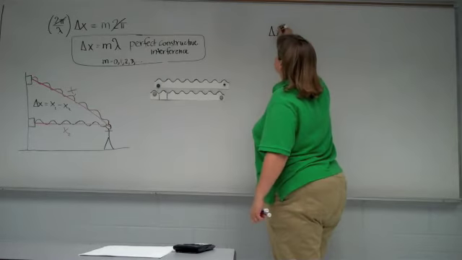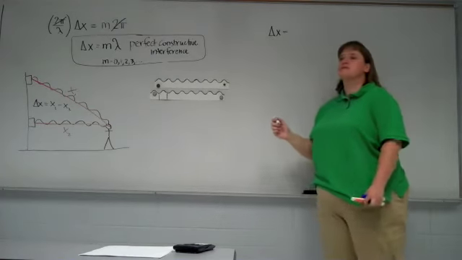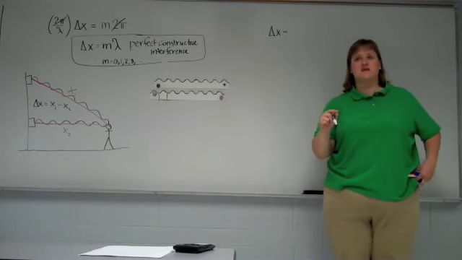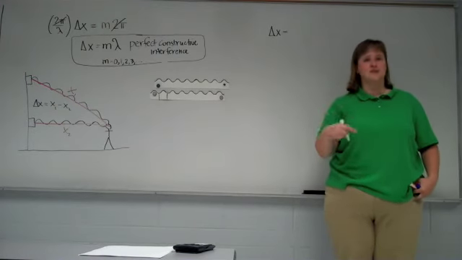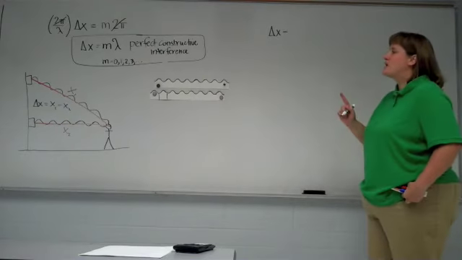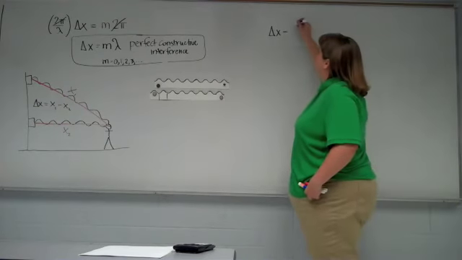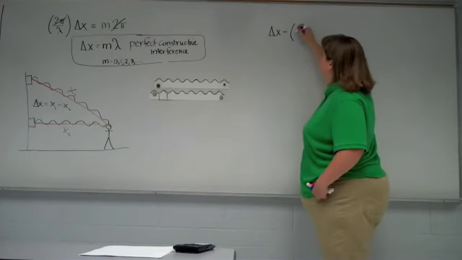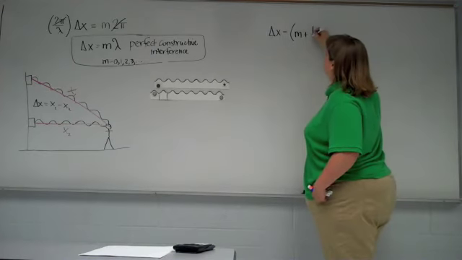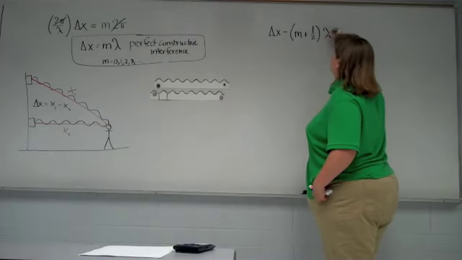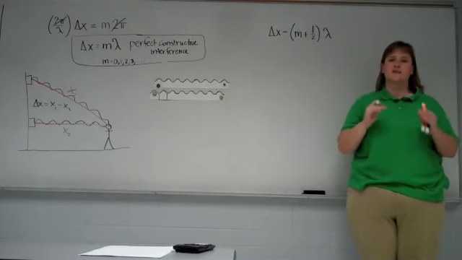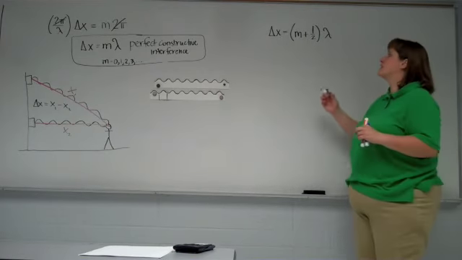If the extra distance is an odd multiple of half a wavelength, so that we always get a half, or 1.5, or 2.5, 3.5. To write that in terms of m so that we can use the same m values, we can say that delta x needs to be some quantity m plus 1/2 times the wavelength.